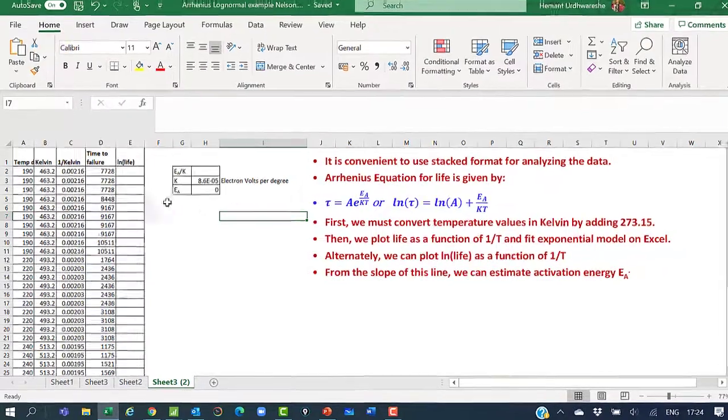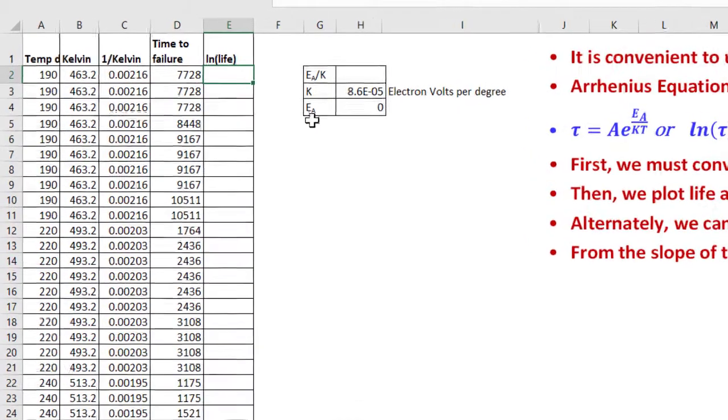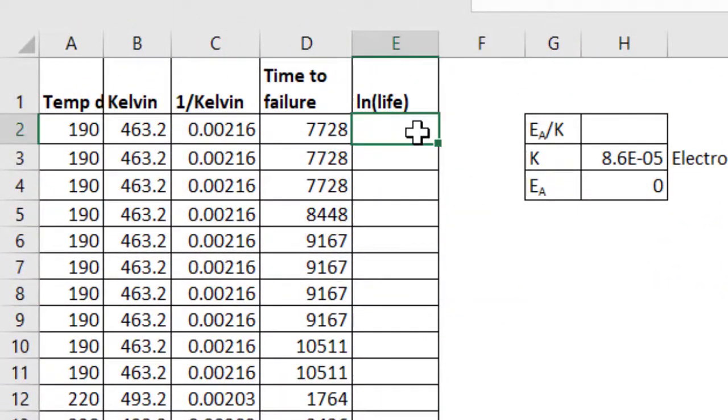Now here we have data of 1 upon Kelvin, that is 1 upon T. So we have data of 1 upon Kelvin and time to failure, and let us plot this data. But first I think we have to convert this into ln of life. So let us convert this into ln of life by using the ln function.